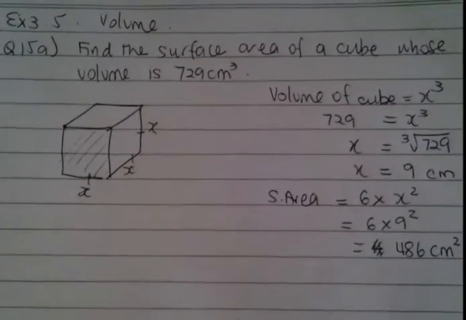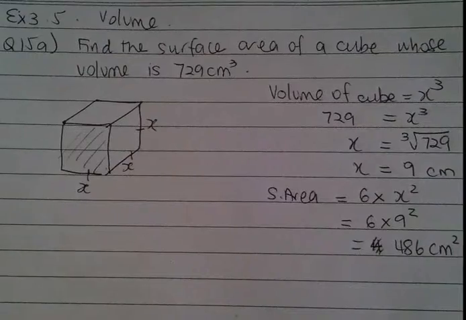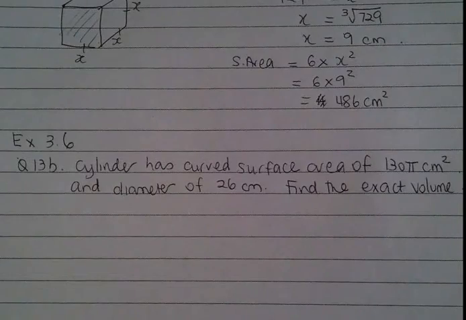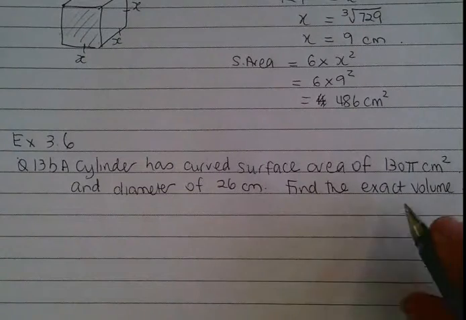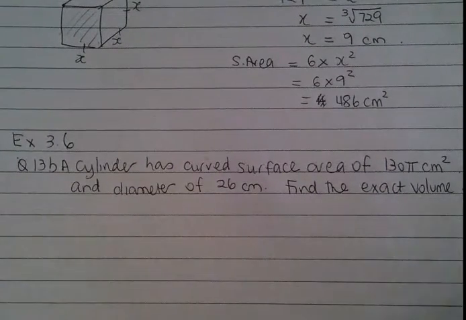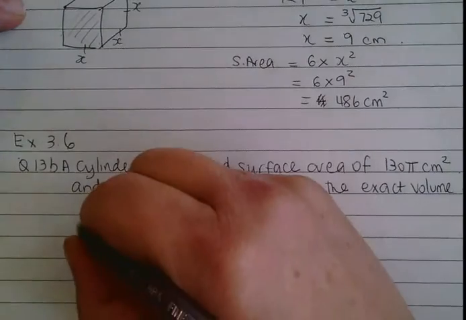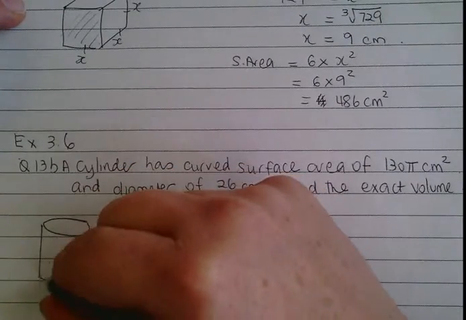Okay, girls, the other thing you could be asked, and it's on your sheet, is to do this question in reverse. 3.6 question 13b: a cylinder has a curved surface area of 130 pi centimeters squared and a diameter of 26 centimeters. Find the exact volume.